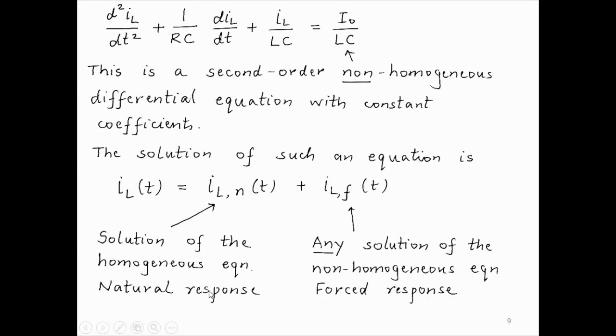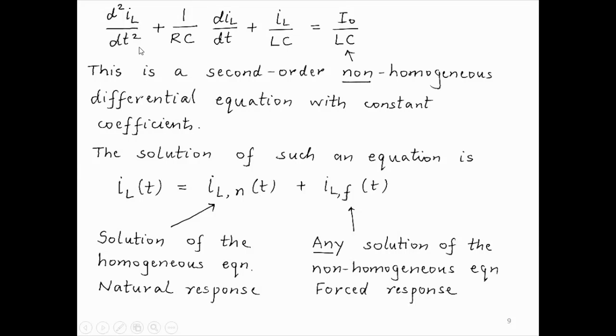This homogeneous solution is often called the natural response of the circuit. Natural because this was solved with no source connected to the circuit. So this is how any circuit responds naturally when there is some initial energy supplied to that circuit, plus what is called a forced response, which is any solution of this differential equation.